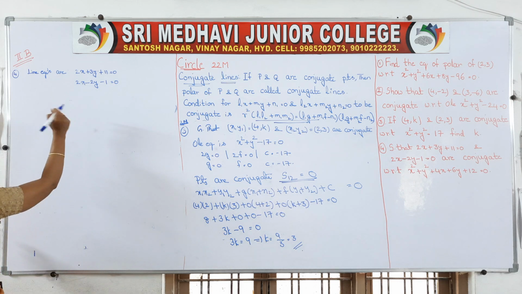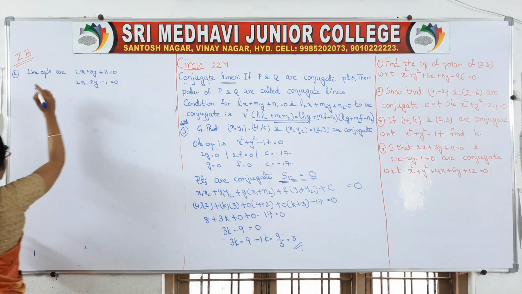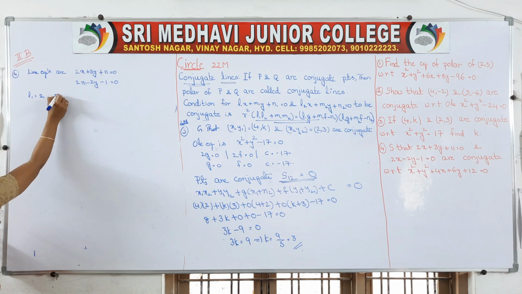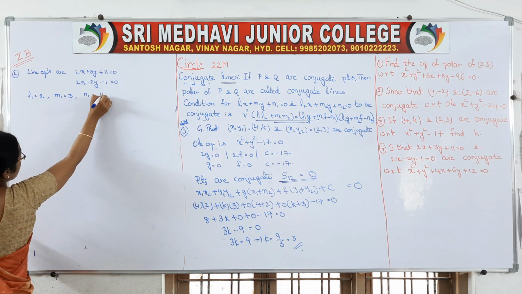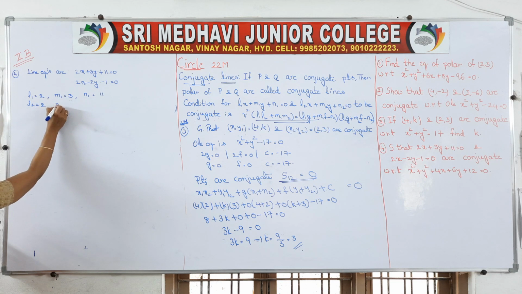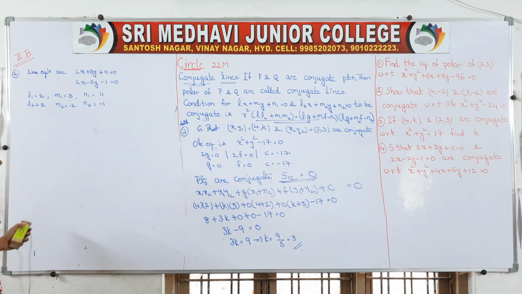With this you can compare L1x plus M1y plus N1. So L1 is equal to 2, M1 is equal to 3 and N1 is equal to 11. L2 is equal to 2, M2 is equal to minus 2 and N2 is equal to minus 1. Just comparing with those 2 lines.